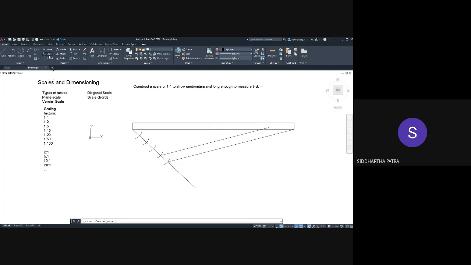Okay, and maybe I can similarly draw such parallel lines.